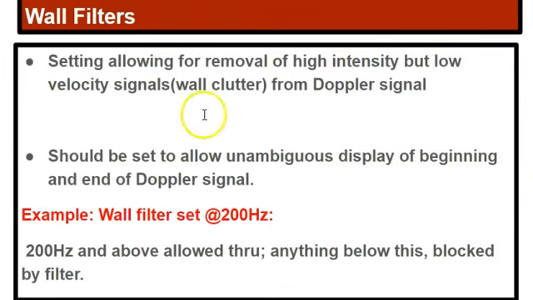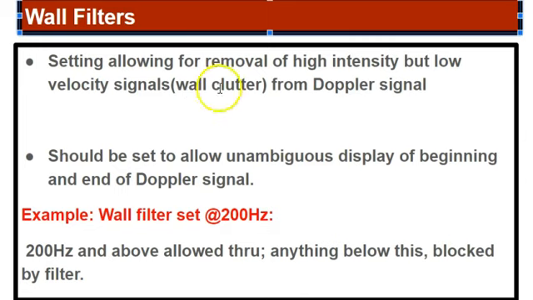Okay, wall filters. Talking Doppler wall filters. There are different types of wall filters. This setting allows for removal of high intensity but low velocity signals. Basically, the signals we get from the heart walls.